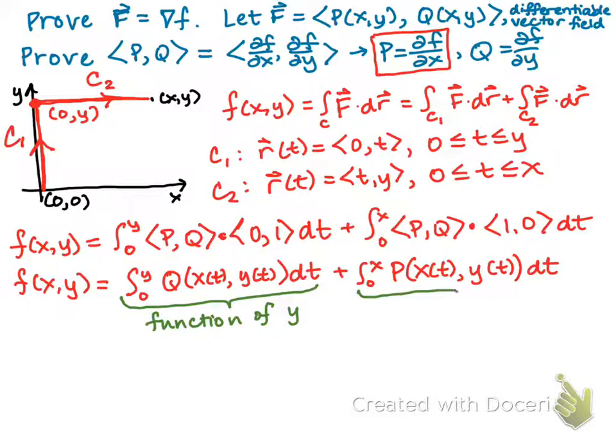The second integral is going to be a function of x. Okay, now remember, I'm trying to prove p equals partial f partial x. So now, if I take the derivative with respect to x to find partial f partial x, well, this is going to be 0, because since I'm differentiating with respect to x, y is treated as a constant.